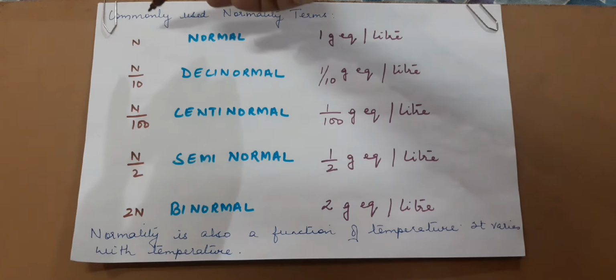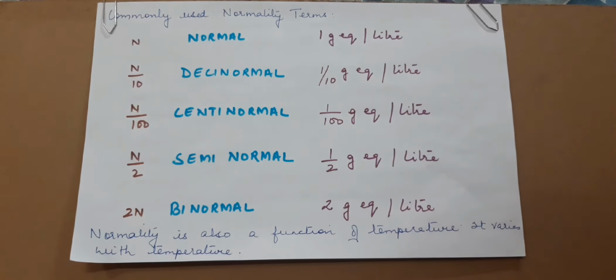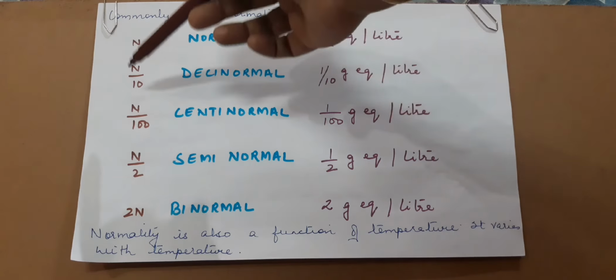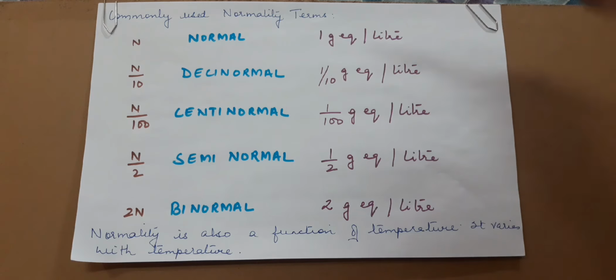So when we say, suppose in the question it is given 1N, that means what? It's a normal solution. Normal means 1 gram equivalent of that particular solute dissolved per liter of the solution. Decinormal solution means N by 10. N by 10 means N by 10 grams equivalent of the solute dissolved per liter of the solution. 1 by 10 means 0.1 gram equivalent.